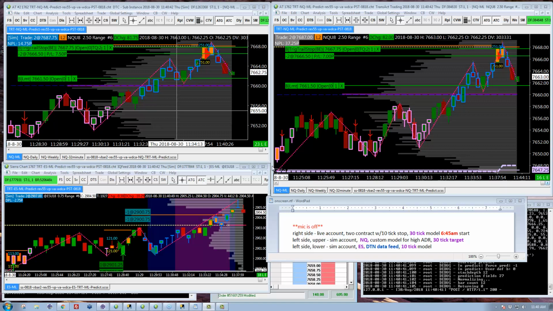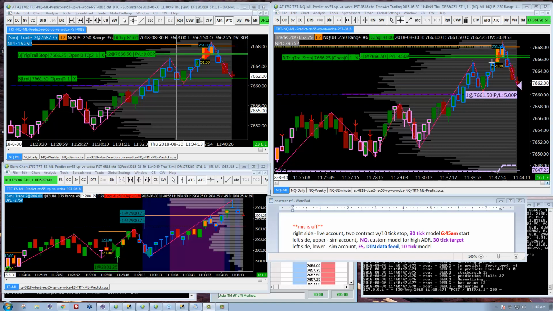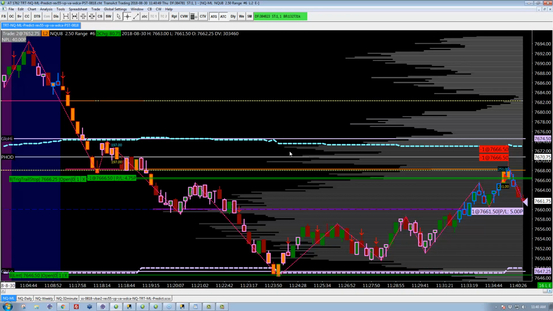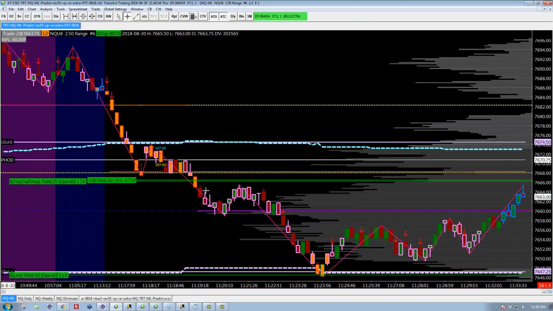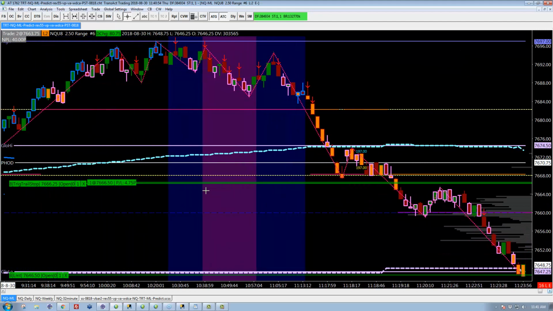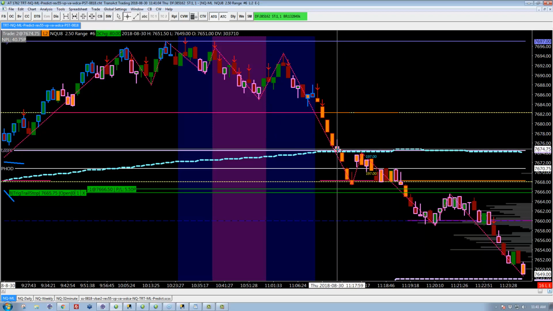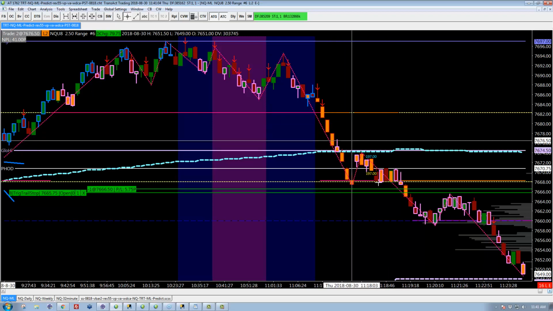Here we are short at 1140, hitting first target now. It's pretty interesting because when I last had the screen up, we were up here talking about a test of this level here, and we came down there and the market just fell apart.